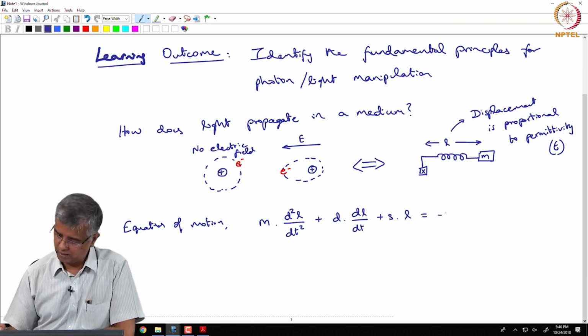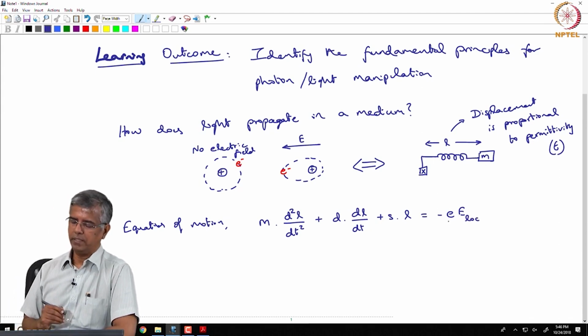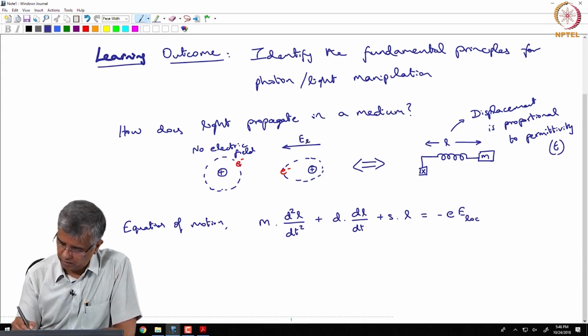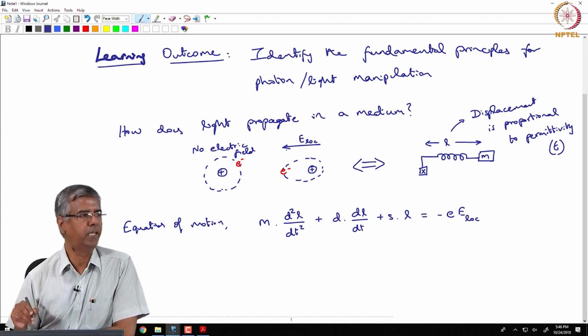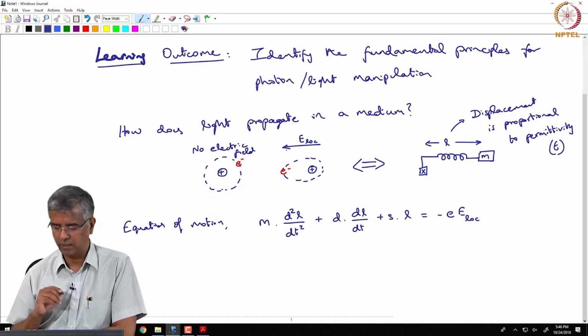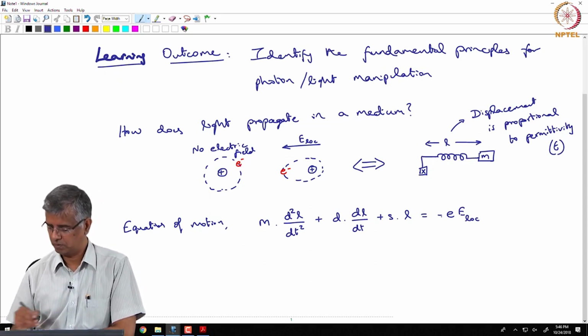In this case, the excitation force can be denoted as e times E local, where E local corresponds to the local electric field that this atom is subjected to, right.